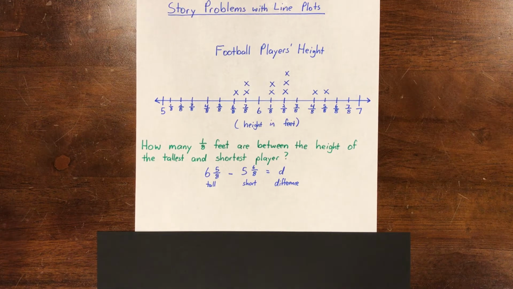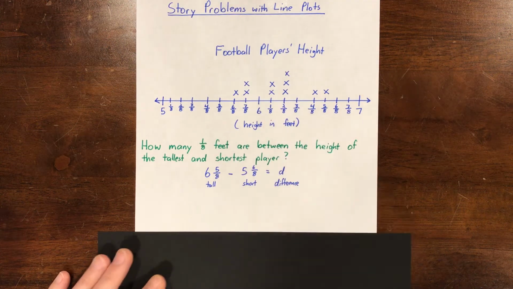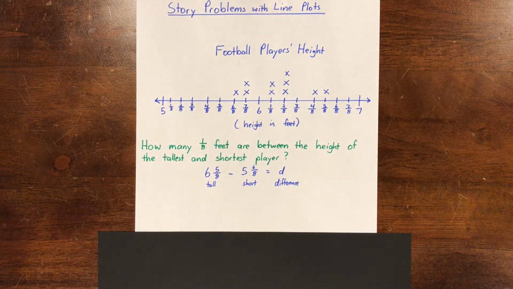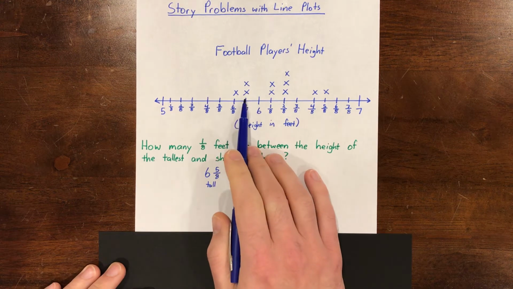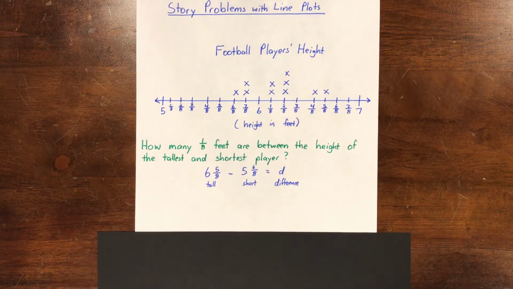And what does each X in the line plot represent? Say it out loud. Yes, each X represents the height of one player. Each X is the height of a player.